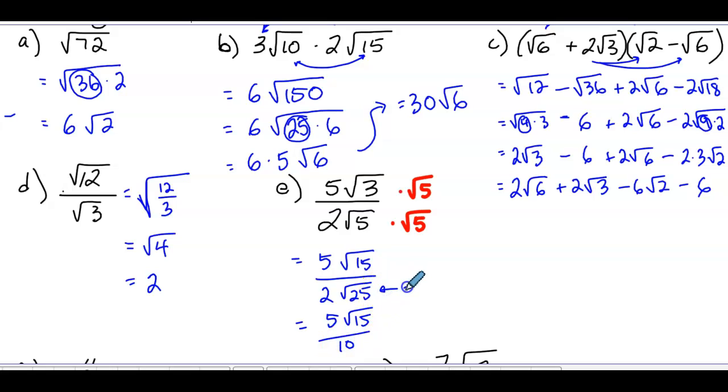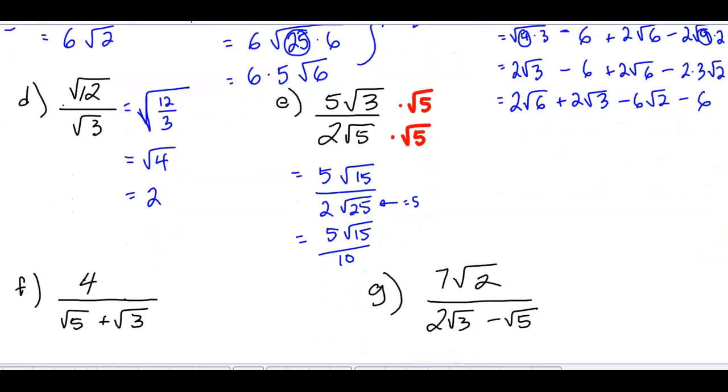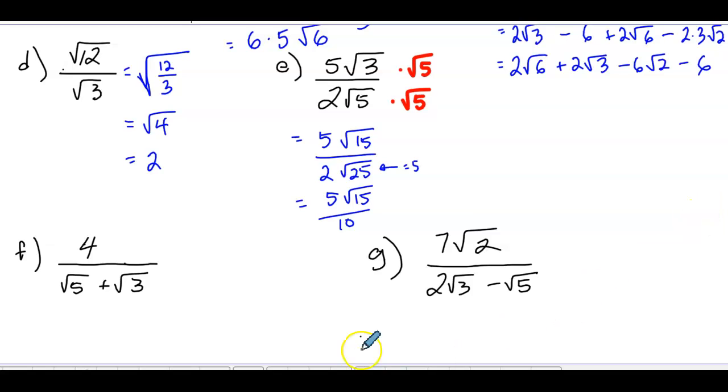Because this is equal to 5. Now you want to see if you can simplify the coefficients, right? So this is a rational number. This is rational. So we can divide 5 into that once, into this twice. So our final answer, simplified answer, is root 15 over 2.